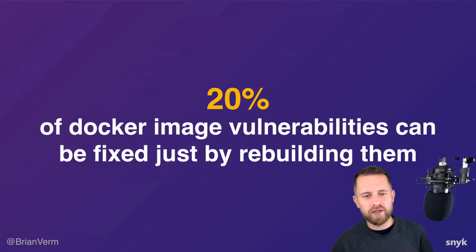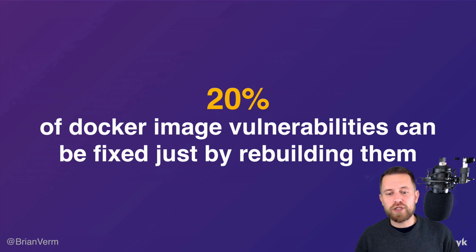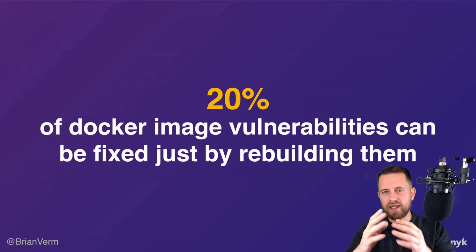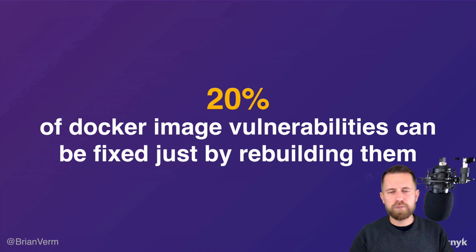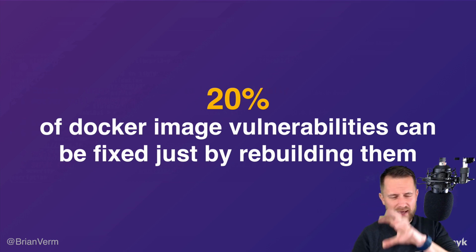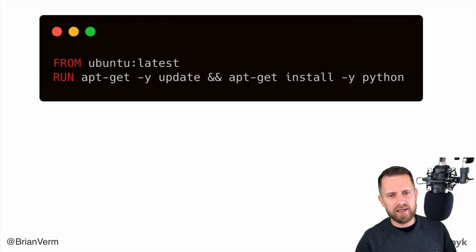Did you also know that 20% of the Docker image vulnerabilities can be fixed by just rebuilding them? Because people use a lot of the latest or a specific tag, but not actually the hash. For instance, and this is a very common way of doing it, but not so much a good way, is like this.